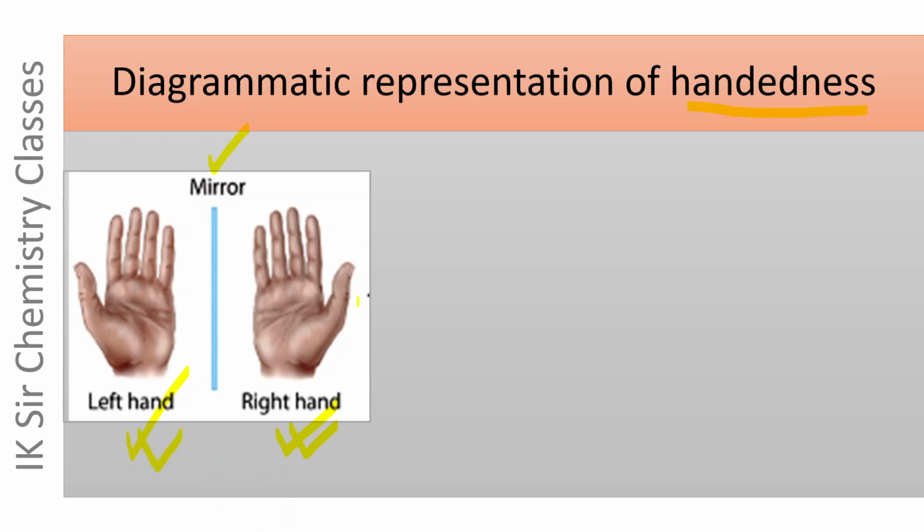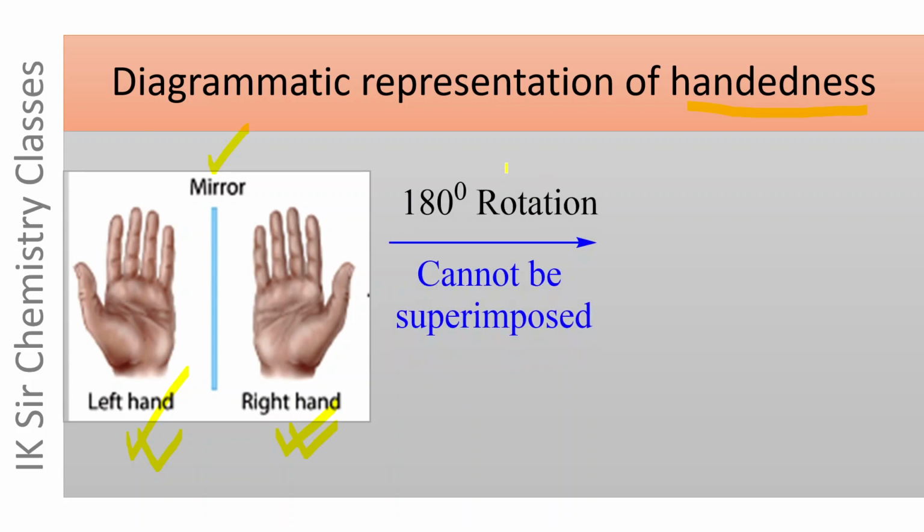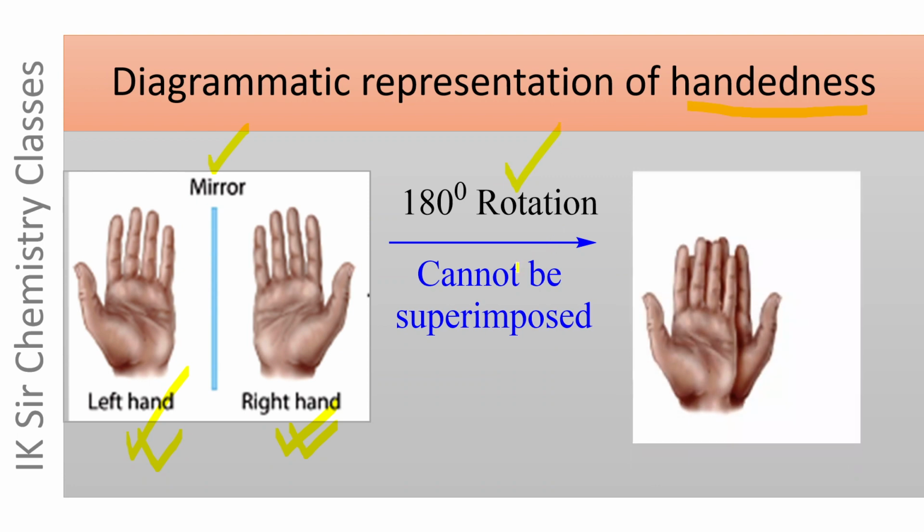If this right hand is rotated by an angle of 180 degrees and the two hands are placed one over another, they cannot be superimposed. This is our left hand, and this is our right hand which has been rotated by 180 degrees.